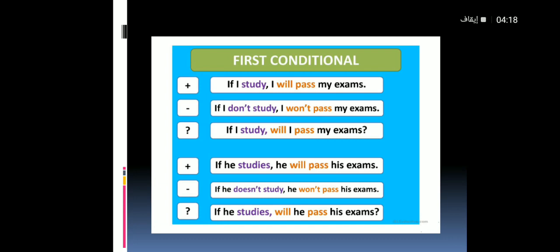So we omit the es, and we put a base verb. Studies became study. If he doesn't study, he won't pass his exam. And the interrogative sentence, if he studies, will he pass the exam? We just switch between the modal verb and the subject.